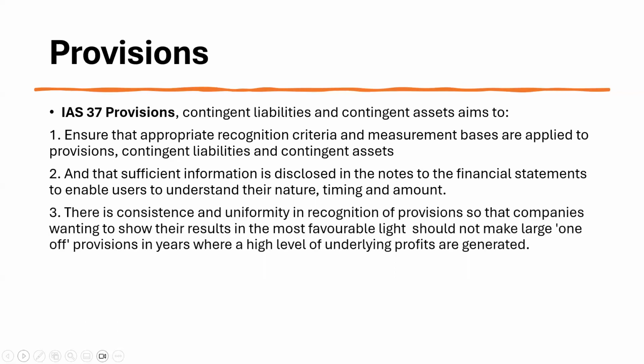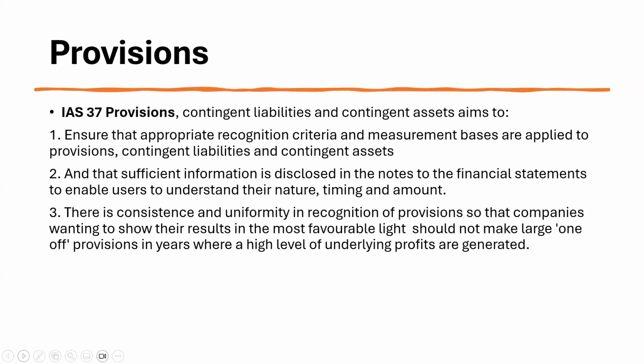And IAS 37 also aims to make sure that there is consistency and uniformity in the recognition of provisions, so that companies wanting to show their results in the most favorable light should not make large one-off provisions. Sometimes in the past, before the establishment of IAS 37, companies were making large one-off provisions in years where there were high levels of underlying profits.